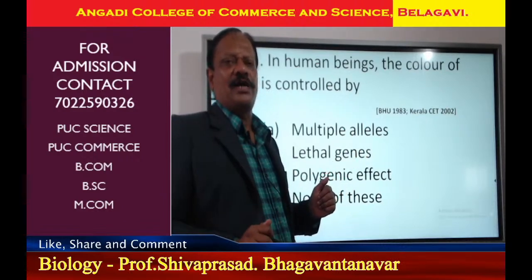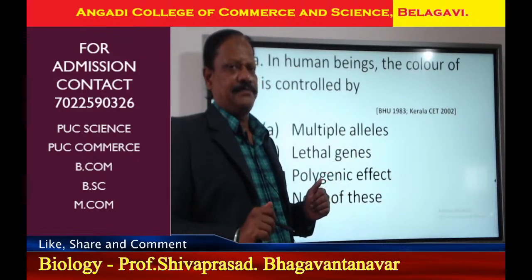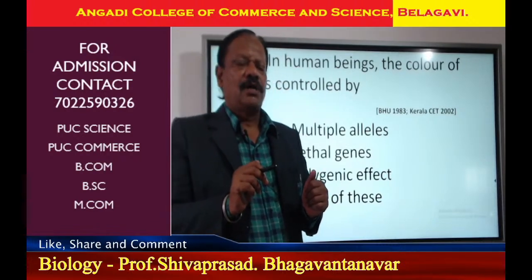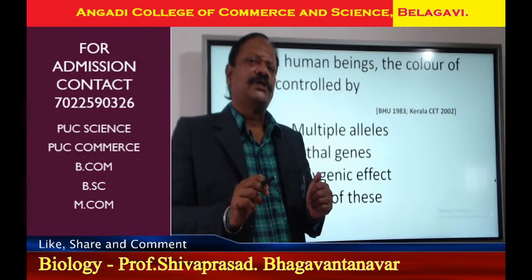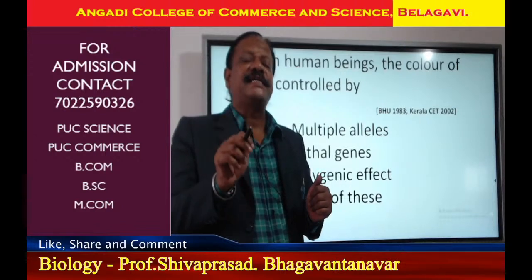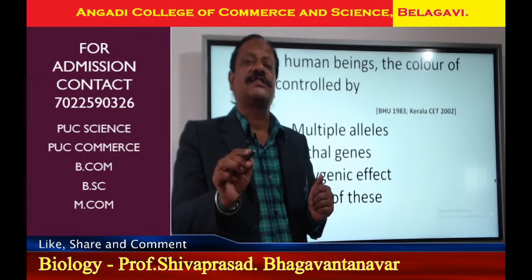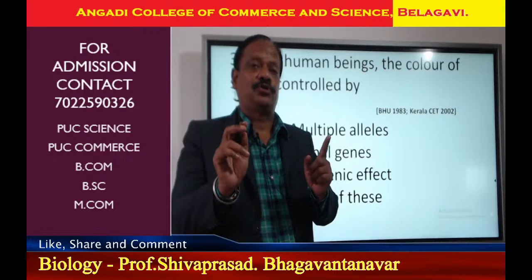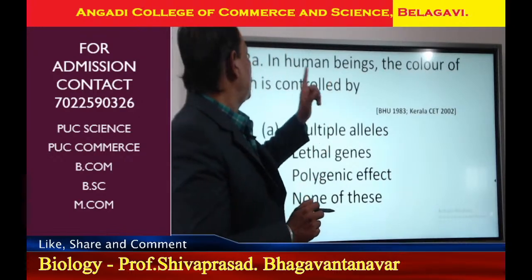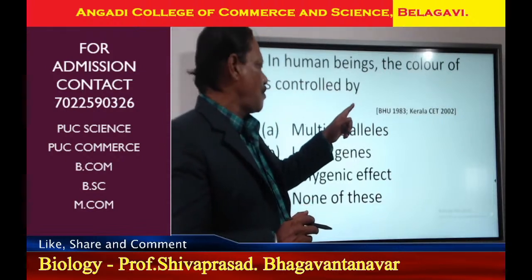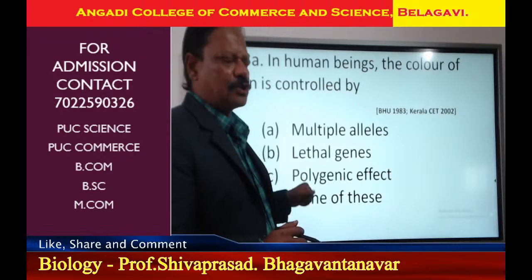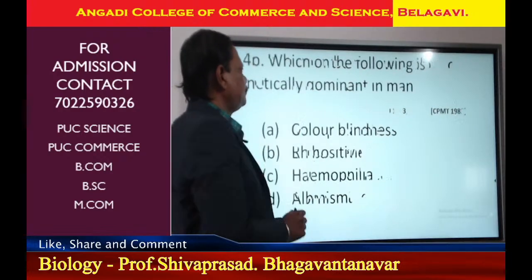I explained to you earlier what is multiple allele. Multiple alleles are those, or you may say like this, 3 or more than 3 alleles present on a particular locus of homologous chromosome. So, in human beings, the color of skin is controlled by multiple alleles, that is option A. So, we'll move to the next one.